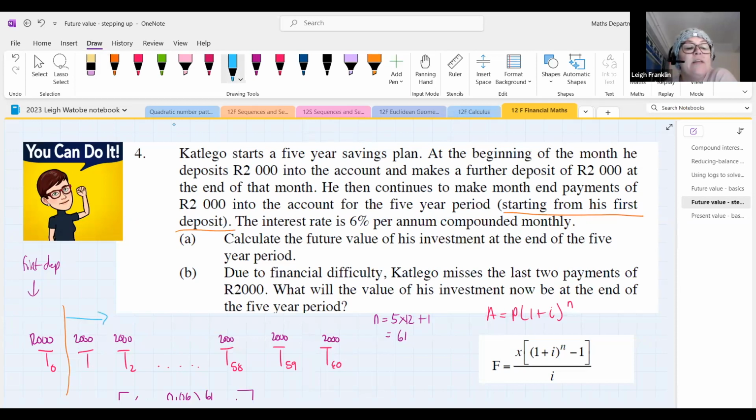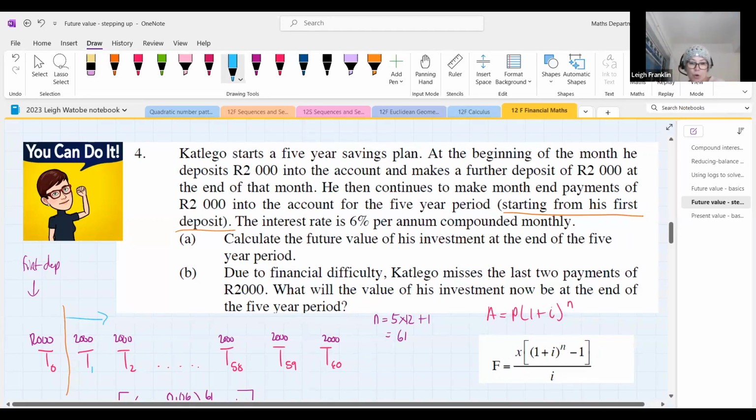Okay, so I see now why there was this confusion. You thought that the 5 years started between T1 and T2, whereas they're implying that it actually starts between T0 and T1. Because starting from his first deposit, Leanne, is not at T1. His first deposit is at T0. Okay, does that make sense to you?